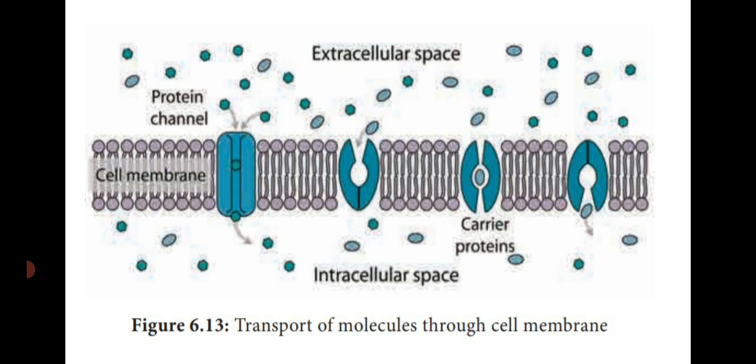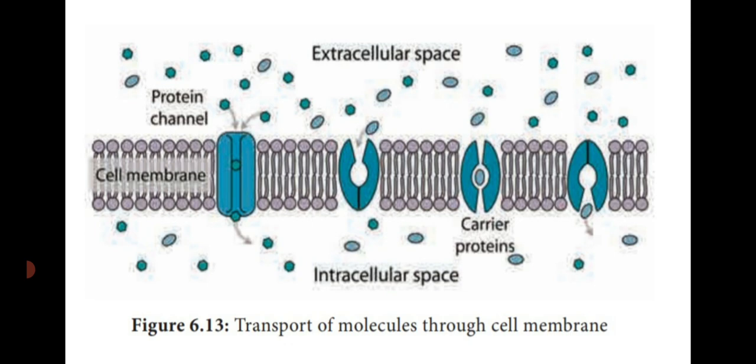The outermost layer is the lipid layer, and the innermost also has a lipid layer. So that is a bilipid layer. These bilipid layers are bound with proteins. Some proteins act as a channel. By creating a small path, they select the molecules and allow them in and out of the cell.